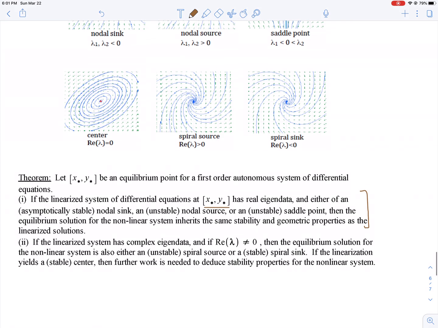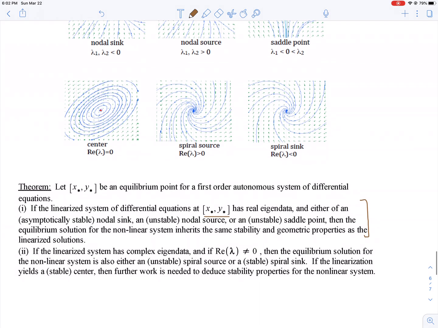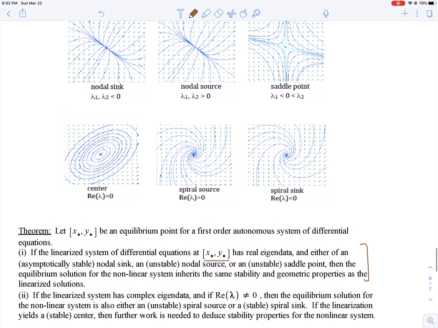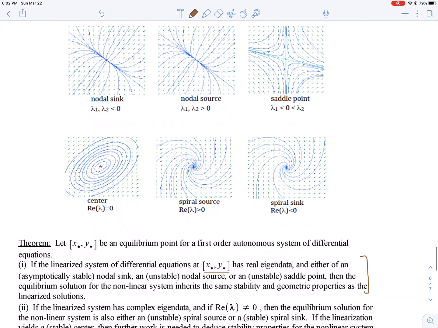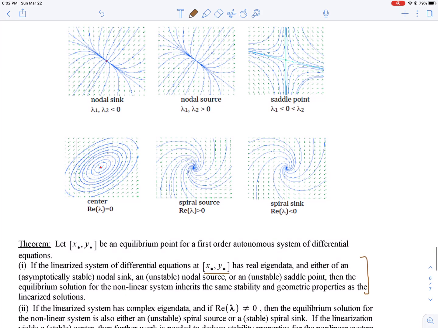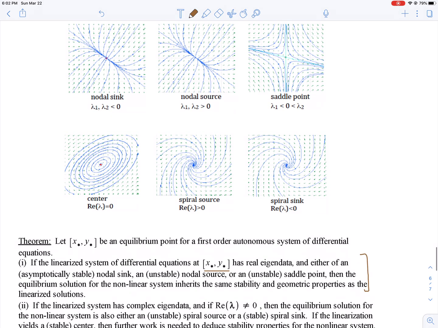And so you can deduce stability questions for the nonlinear system just by knowing the stability answers for the linearized systems.